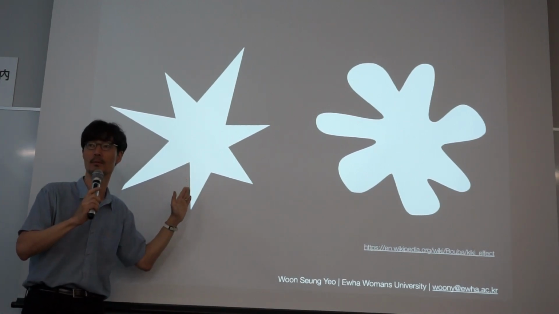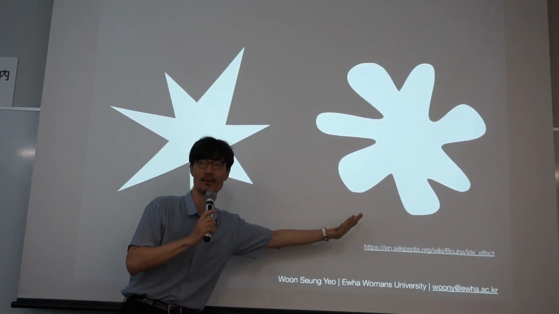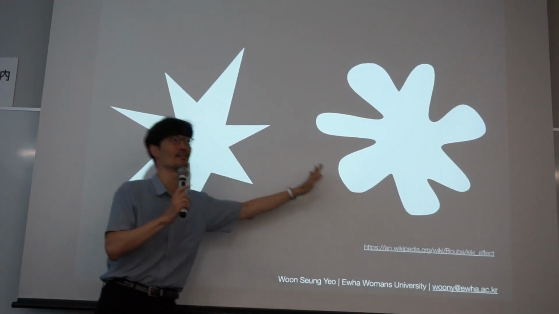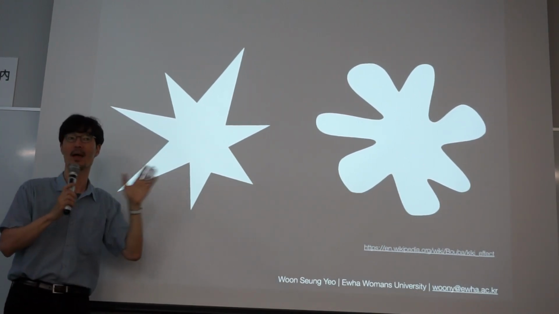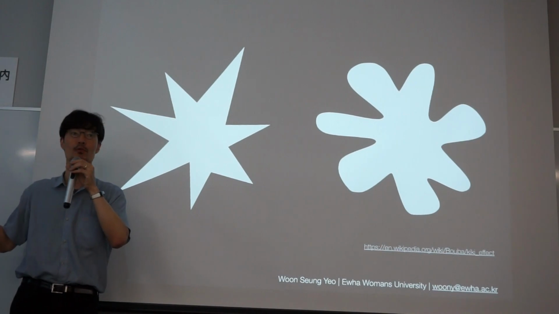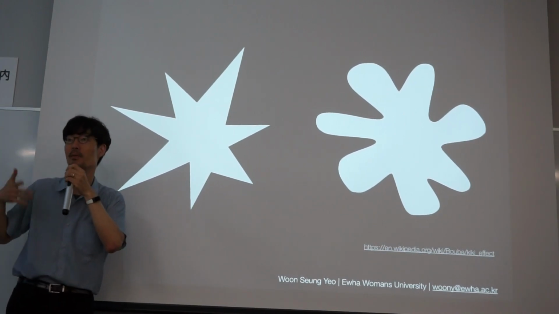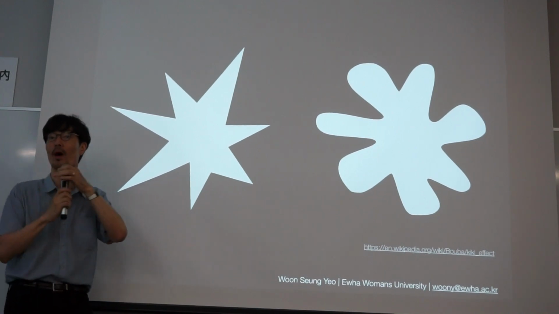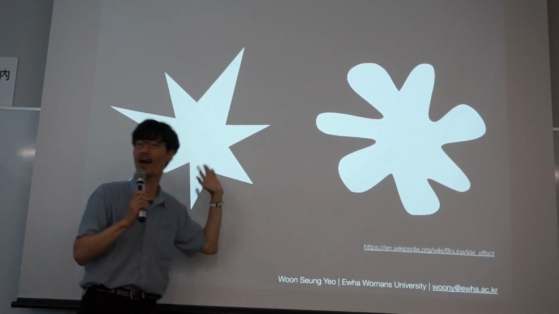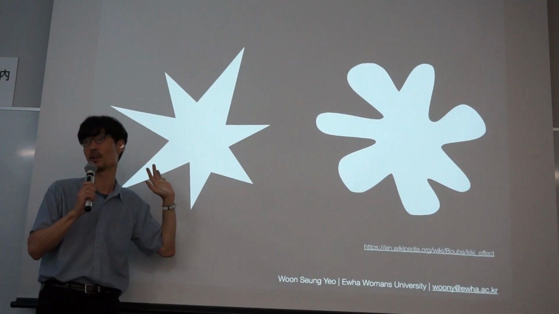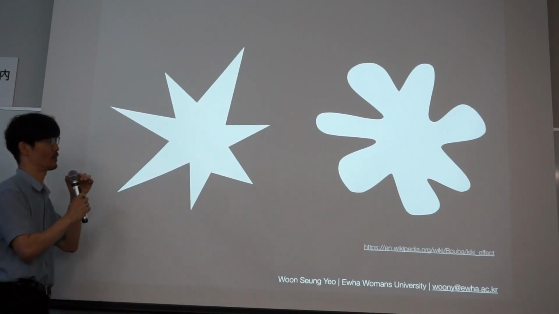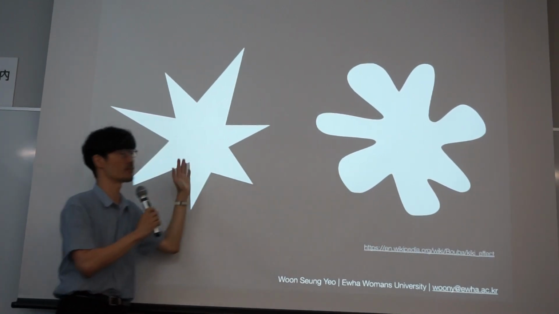This one? Or this one? Maybe this one, right? And this is Kiki. And my question is, how do we know? I mean, it's quite hard to explain or analyze why we have that kind of association, but there is definitely something, right? So this is Buba and this is Kiki.